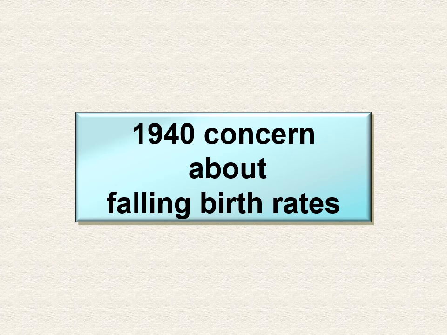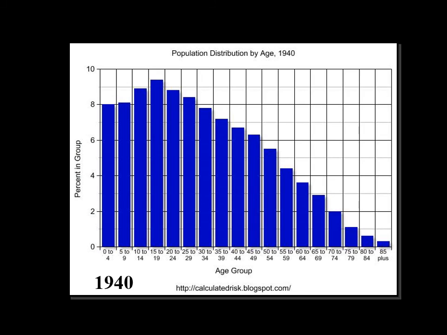And there was a large concern about falling birth rates. This is what's called an age distribution. Because of economic conditions, people were making choices not to have children. And normally you would expect that an age group, let's say of 0 to 4 or 5 to 9, would be higher than some of the other columns. But it's not. There was a depression.